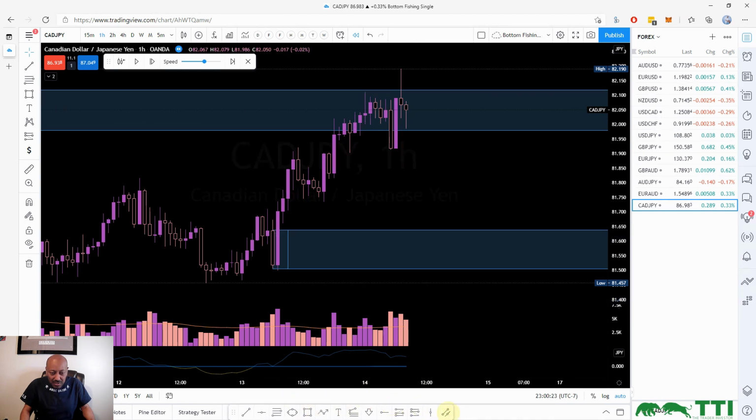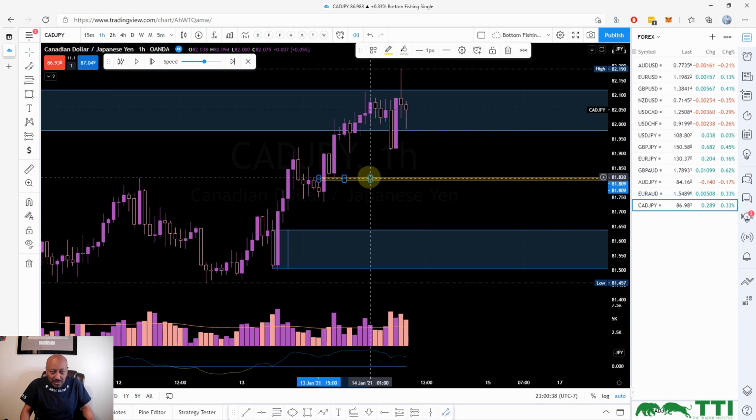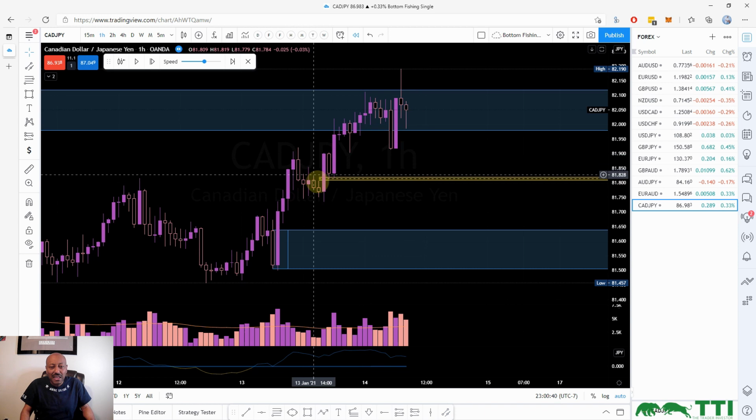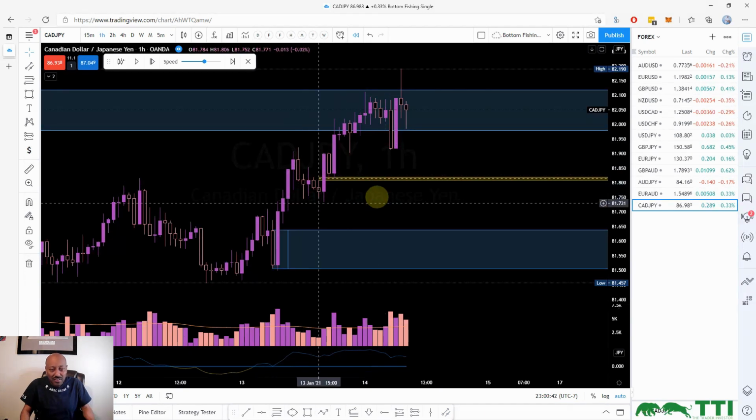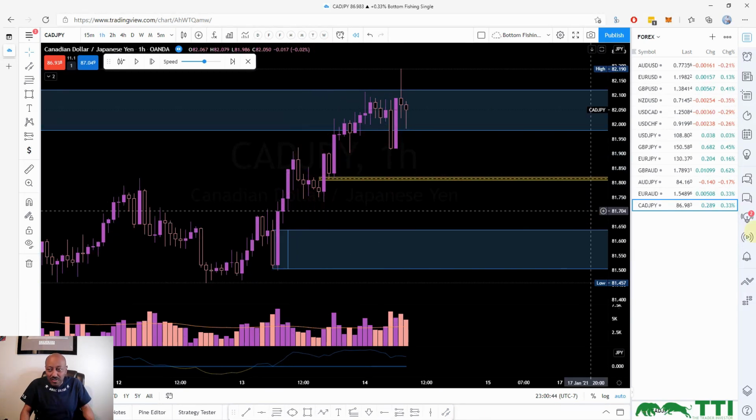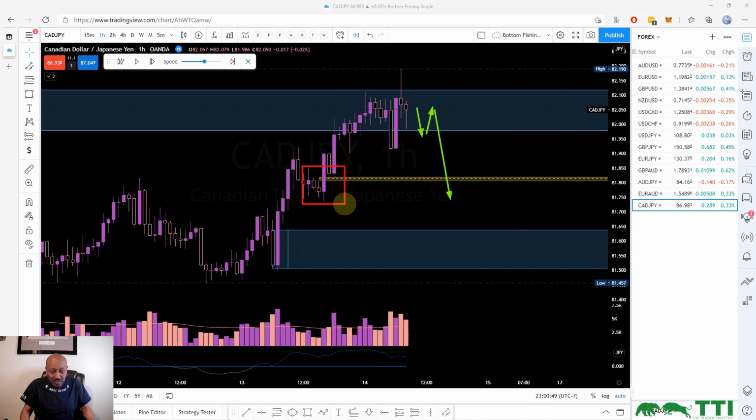Usually, some imbalances I will not even draw if they are so small. Not only that, if they line up with first sign of trouble, so in this zone it's first sign of trouble for me, they line up with that.